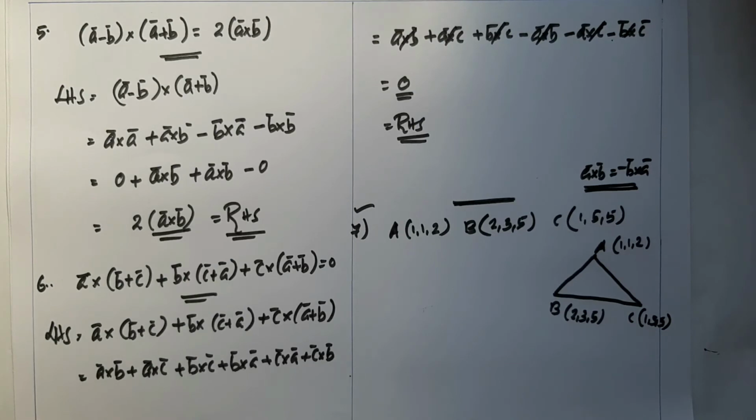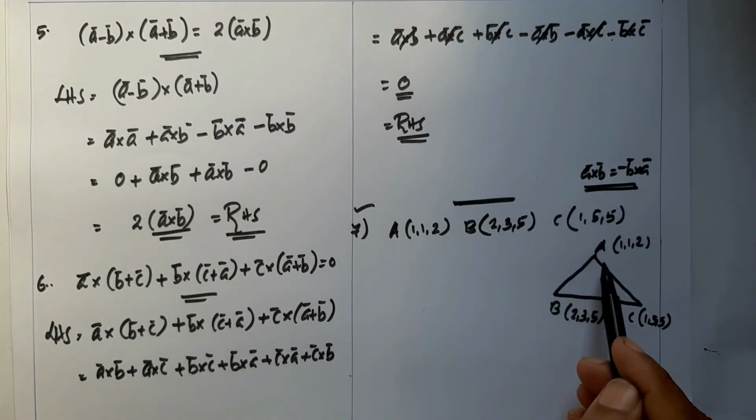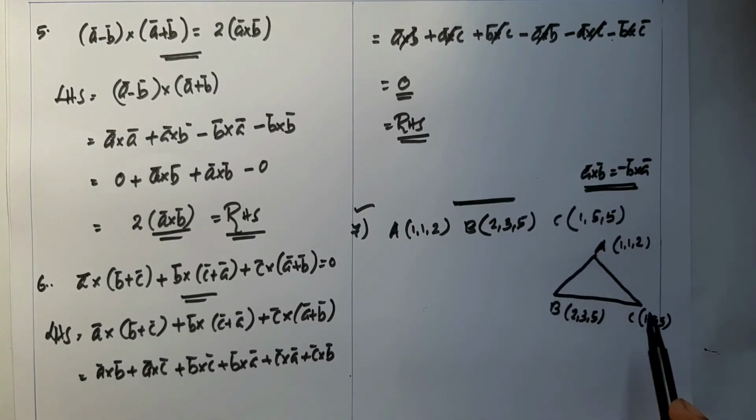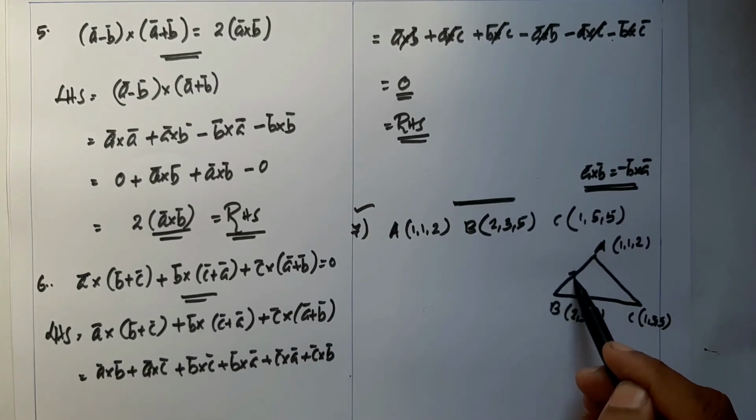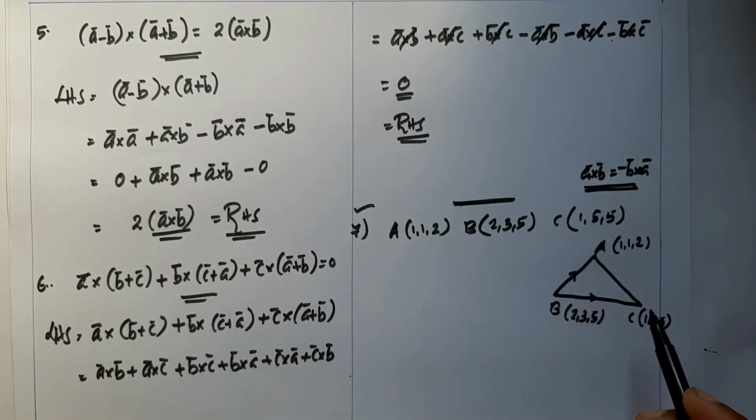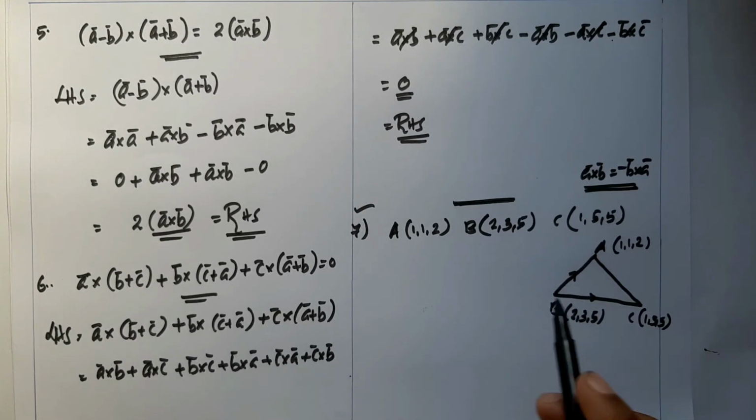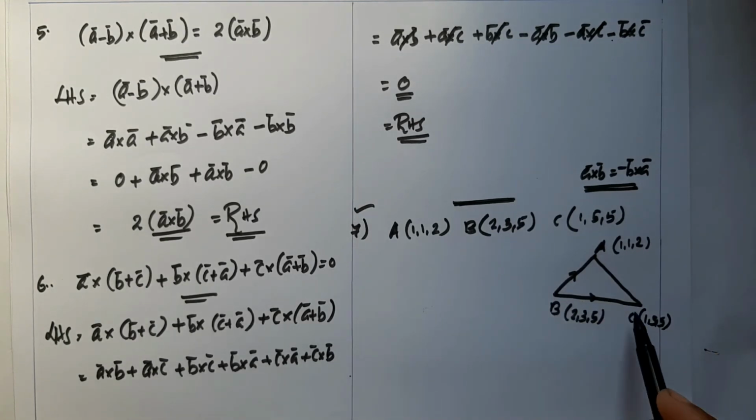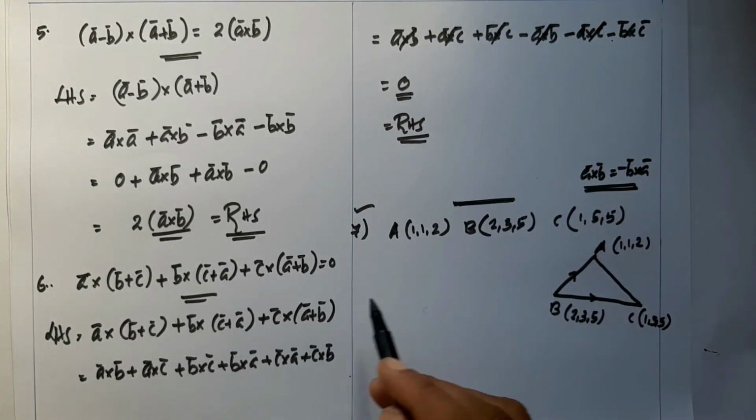You know the area formula: half into modulus of A cross B. First of all, we form two adjacent sides. Suppose we take vertex A, we consider AB and AC. Otherwise, for vertex B we find BA and BC. For any vertex we consider, the adjacent sides form.